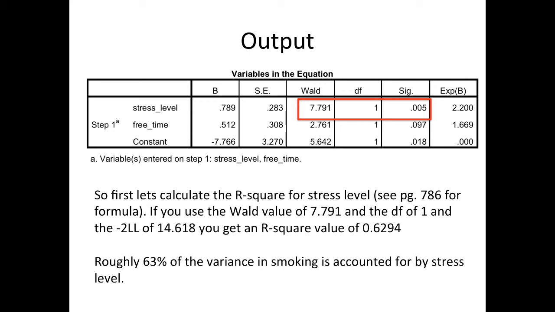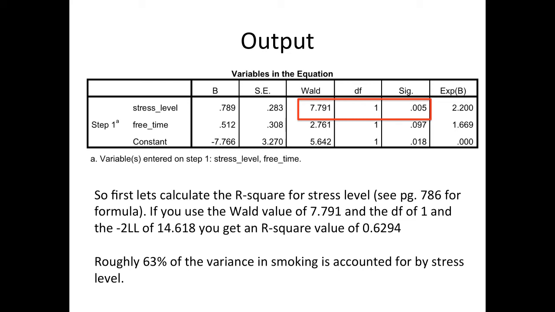What that formula is, I believe, and this is coming from memory, so don't quote me on this, look it up just in case, but it's the Wald value minus 2 times the degrees of freedom, I think, divided by your -2 log likelihood, and then the square root.